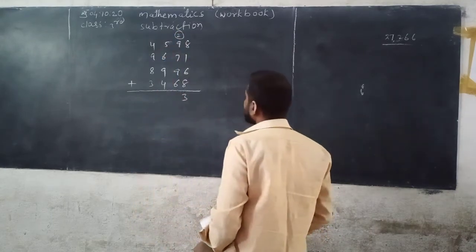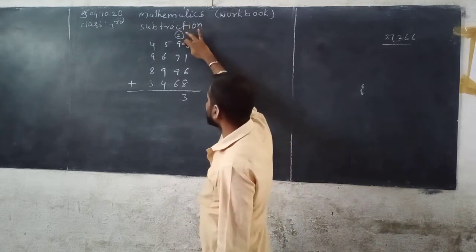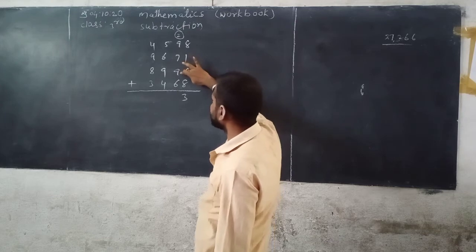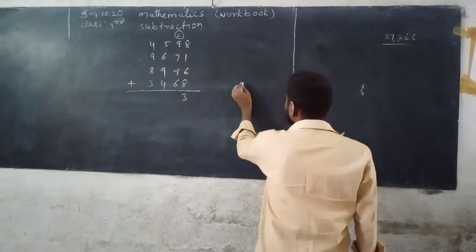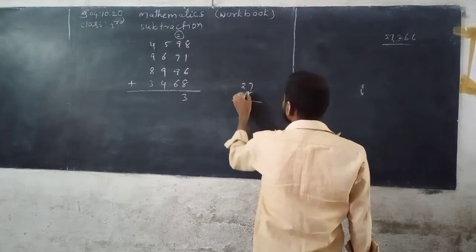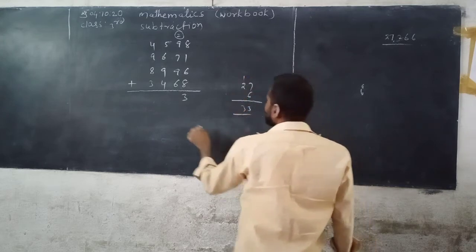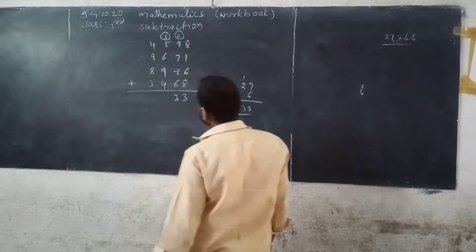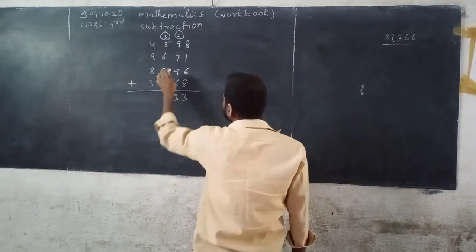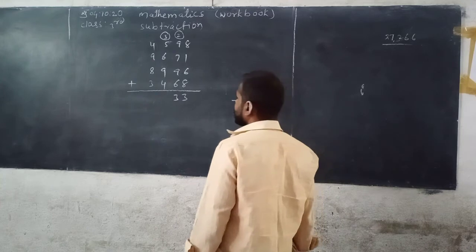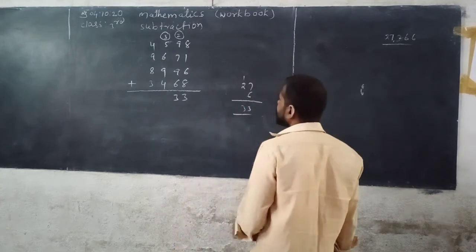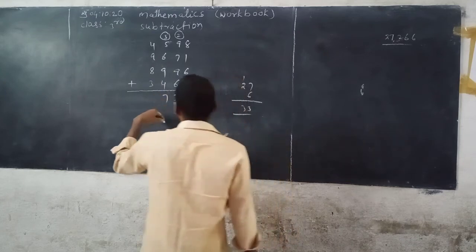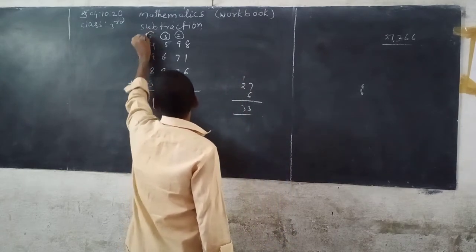Next add the digits in tens place. 2 plus 9, 11, 11 plus 7, 18, 18 plus 9, 27, 27 plus 6, 33, 3 taking, carrying 3 to hundreds place. Next 3 plus 5, 8, 8 plus 6, 14, 14 plus 9, 23, 23 plus 4, 27, 7 taking and carrying 2 to thousands place.